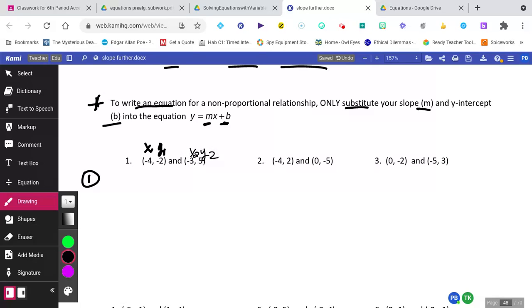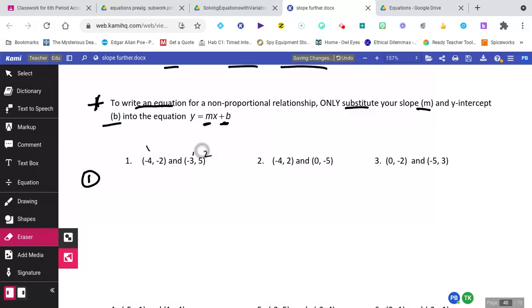I noticed on somebody's quiz, and I don't remember whose quiz it was either, I saw something like x sub 1 and x sub 2, and then I may have seen something like y sub 1 and y sub 2. Don't do that. An ordered pair doesn't consist of 2 x coordinates.